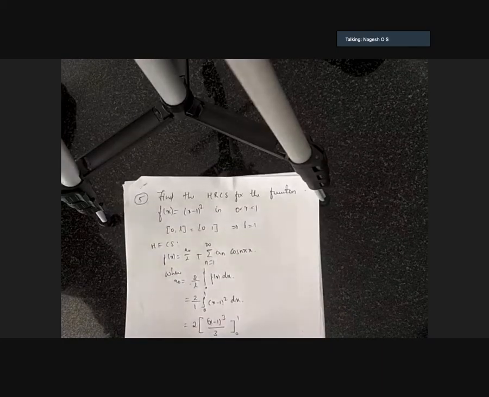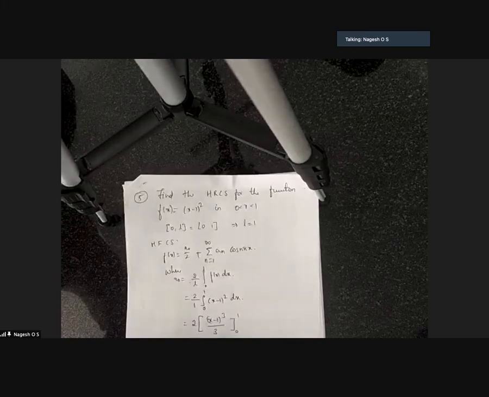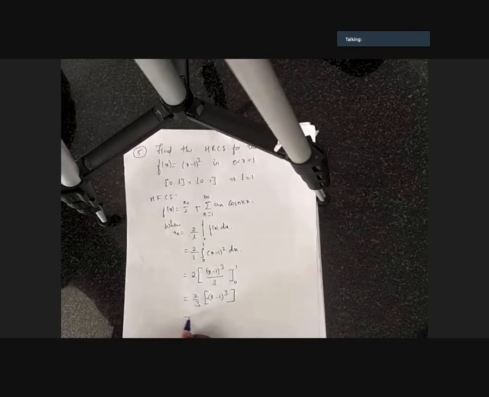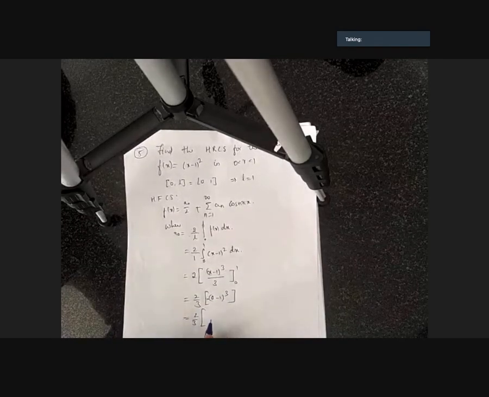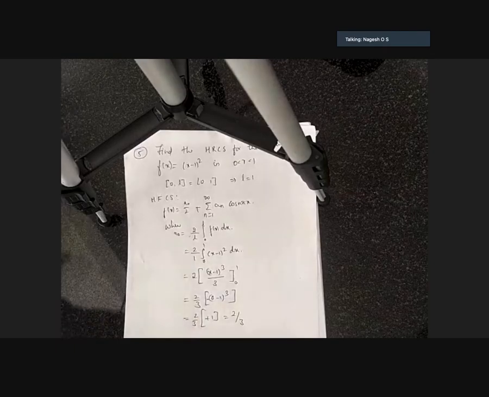So this will be 2 by 3 times, for the upper limit, 1 minus 1, which is 0, so 0 minus 1 whole cube, minus, for the lower limit, 0 minus 1 whole cube. That will be 2 by 3 times minus 1 cube, which is minus 1, plus 1. So the answer is 2 by 3. The a0 value is 2 by 3.